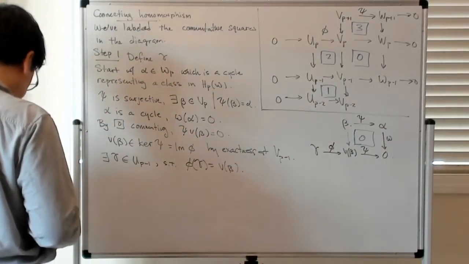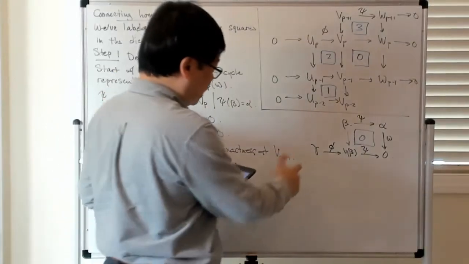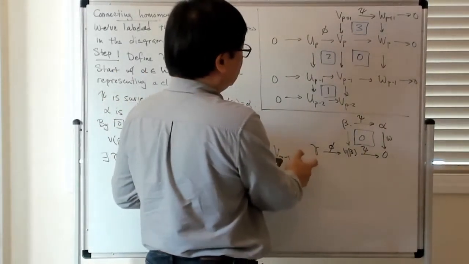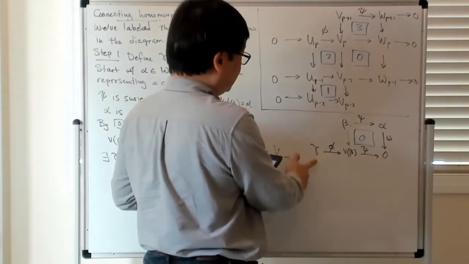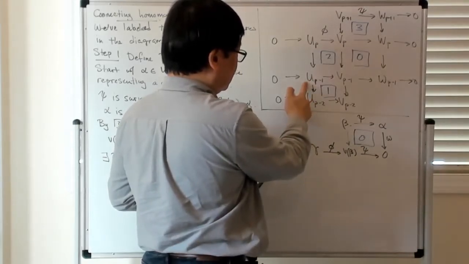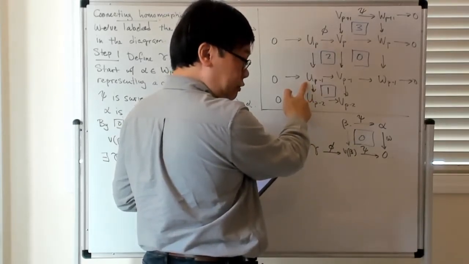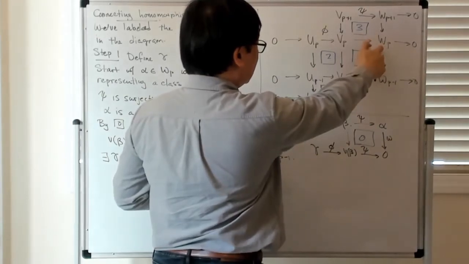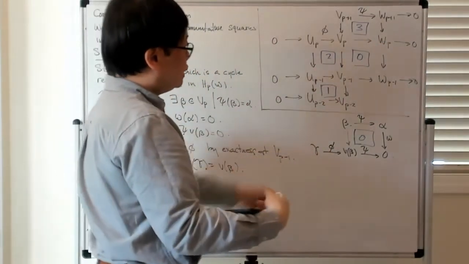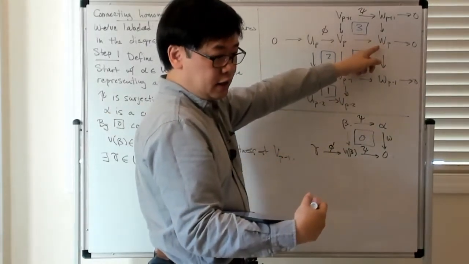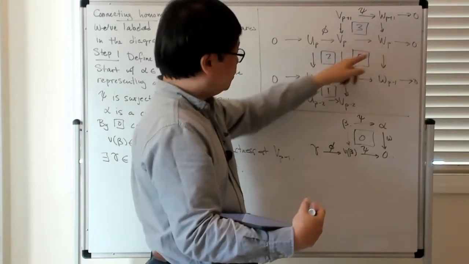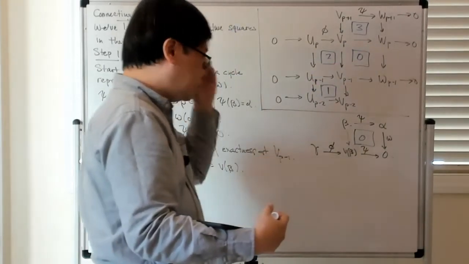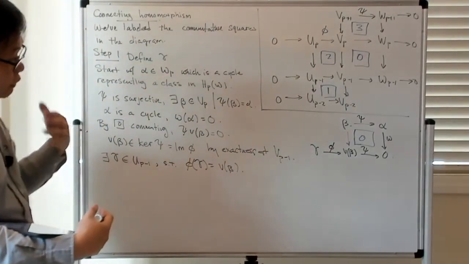So that now is the candidate generator of a homology class in p minus 1 dimensions on U. So we start with a cycle representing a homology class in dimension p on W, and we mapped it to something here.